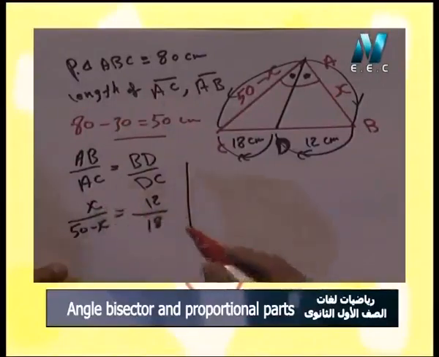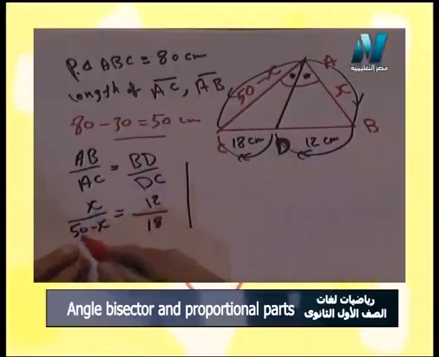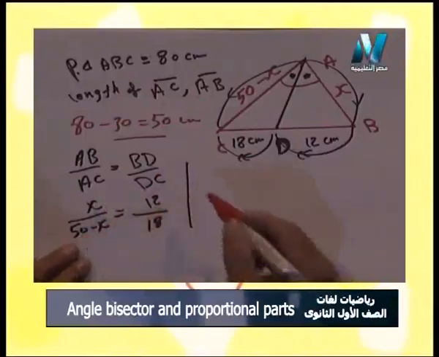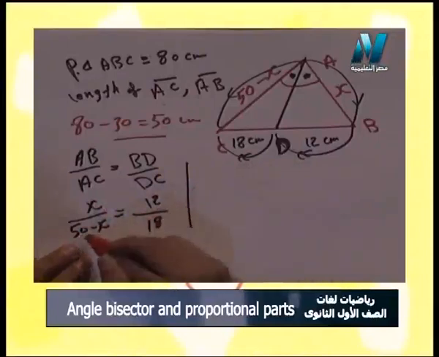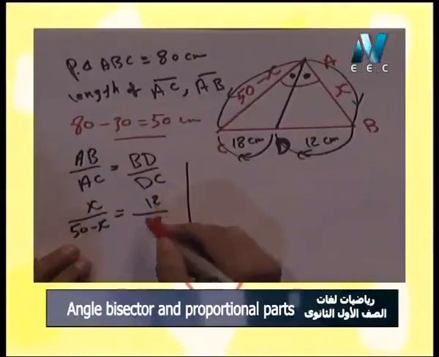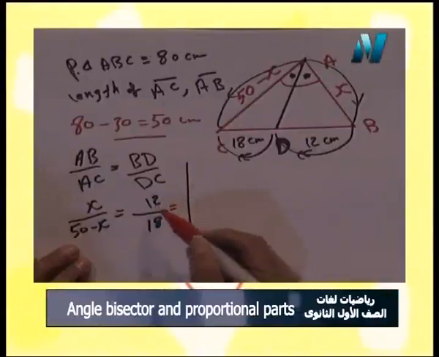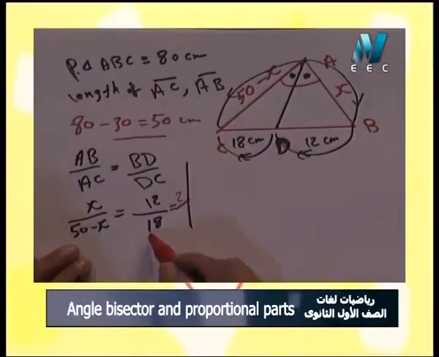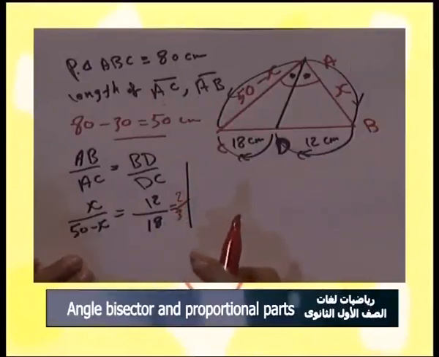And by using cross multiplication here, we will find out that 18 times x equals, or we can start with 12 times 50. We can simplify this. If we divide 12 by 6, it will be 2, and 18 divided by 6 equals 3, so it's the simplest form.